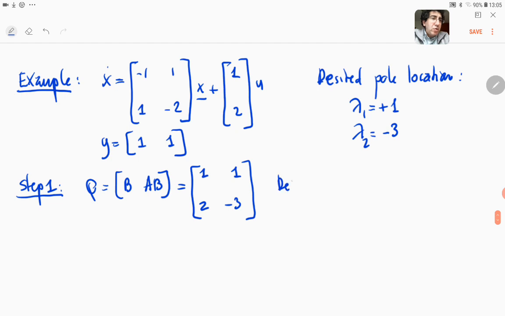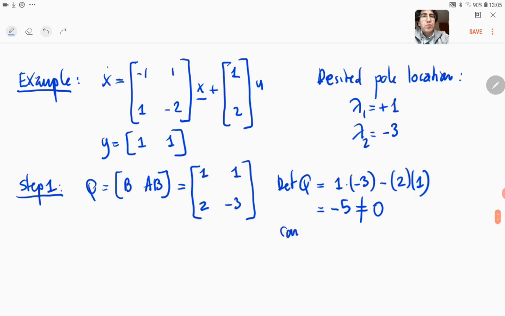So the determinant of Q is equal to 1 times minus 3, minus 2 times 1. Okay, so that is equal to minus 3 minus 2, equal to minus 5, and that is different from 0. So we know that we have a completely controllable system.